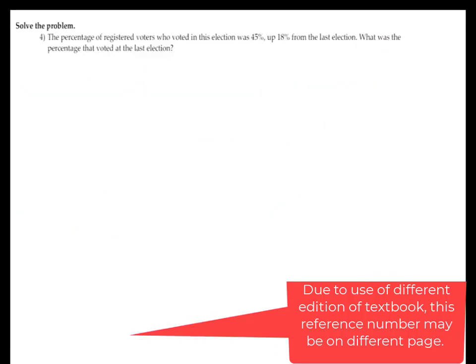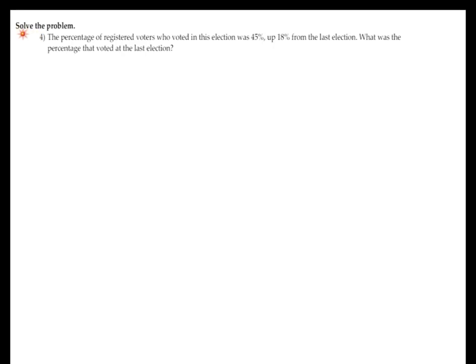All right, so for problem number 4, we're told to solve the problem. The percentage of registered voters who voted in this election was 45%, up 18% from the last election. What was the percentage that voted at the last election?